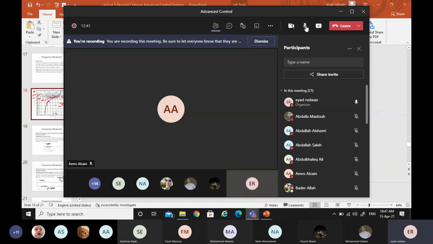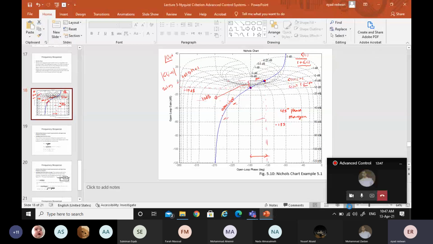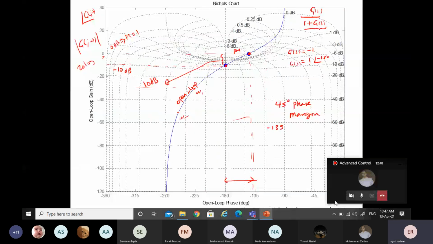Okay, guys. So we were saying that the gain margin and the phase margin can be determined from the plot of the open loop response on the closed loop characteristic in the Nichols chart.